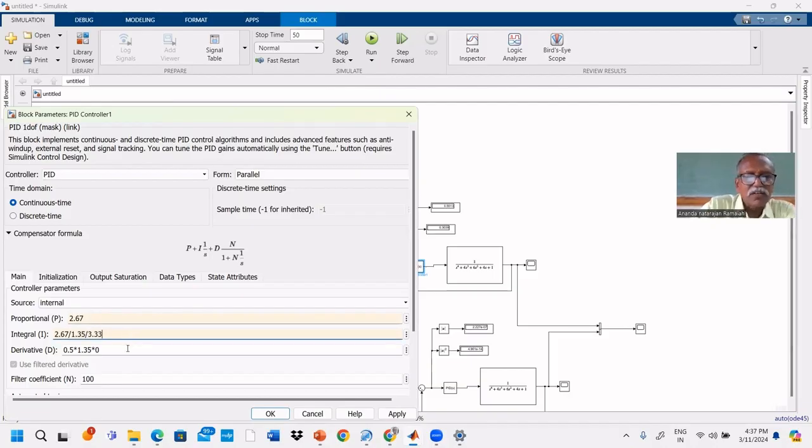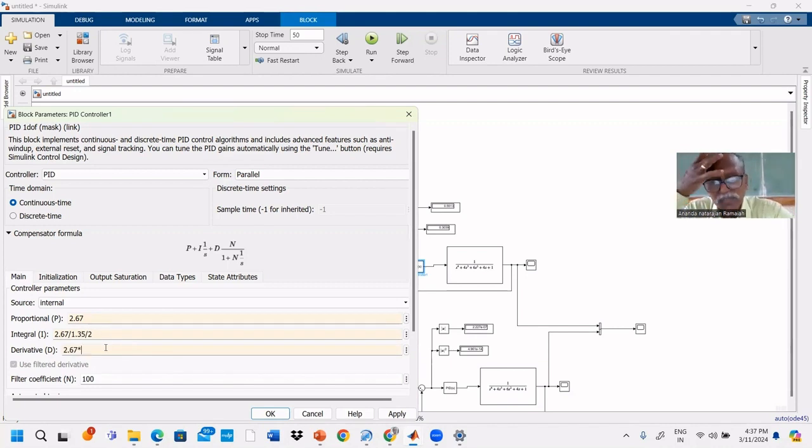Yes, I got 3.33. Here, 2.67 multiplied by TD equals how much? It is T divided by 8, you know. T divided by 2. You know? Okay. Here, Kc multiplied by TD.